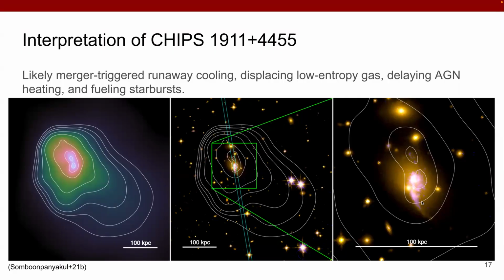And that's why we see all these filamentary structures along the same axis, though technically not exactly the axis of the merger. We can see that there are two peaks in the X-ray, and this peak coincides with the node in the optical.